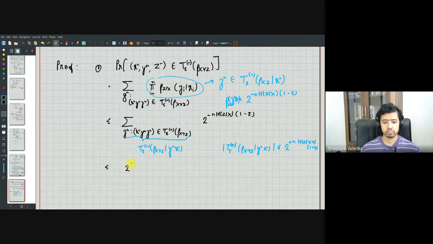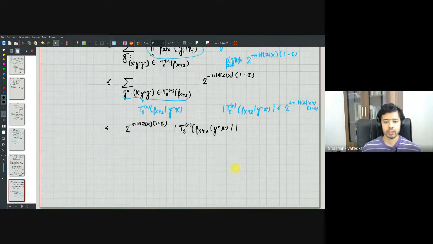We have 2 raised to minus n times h of z given x times 1 minus epsilon, times the size of T epsilon n of Pxyz given yn, xn, which is upper bounded by 2 to the minus n h of z given x times 1 minus epsilon, times 2 raised to n times h of z given xy times 1 plus epsilon.